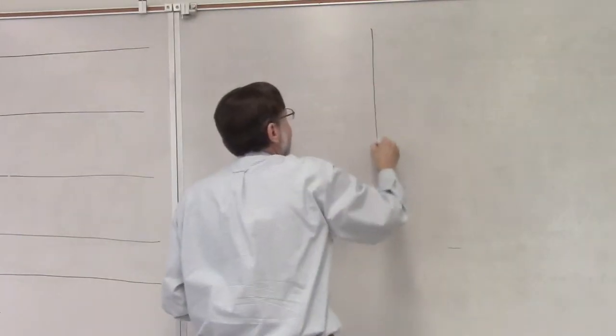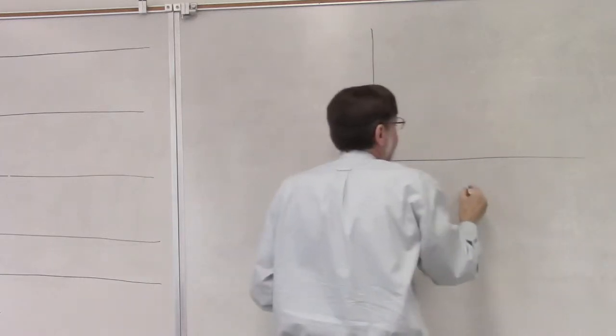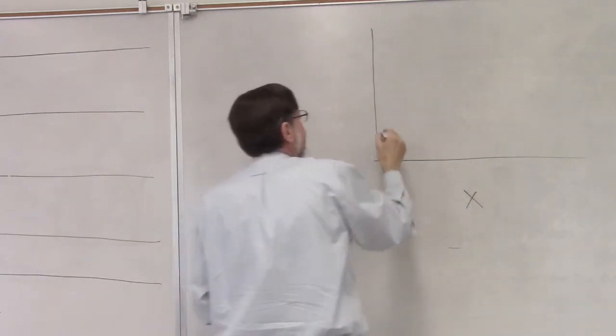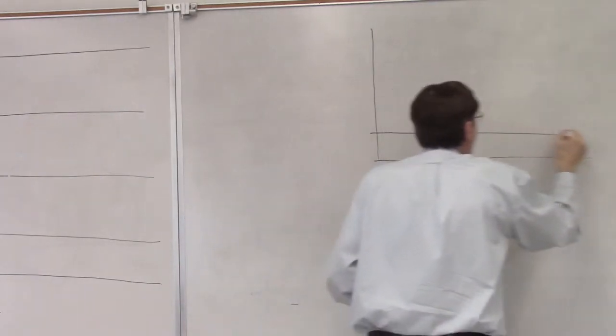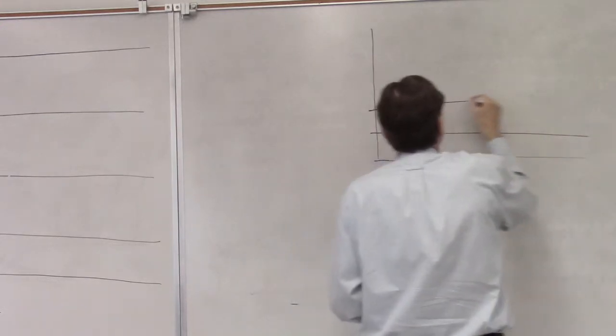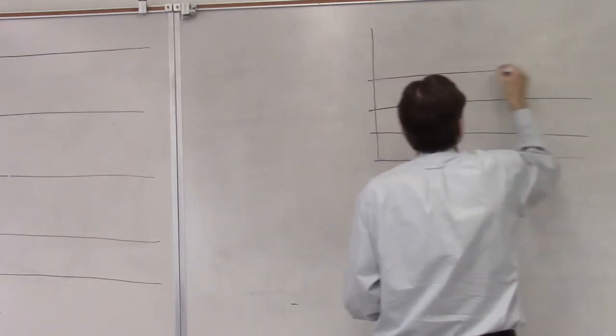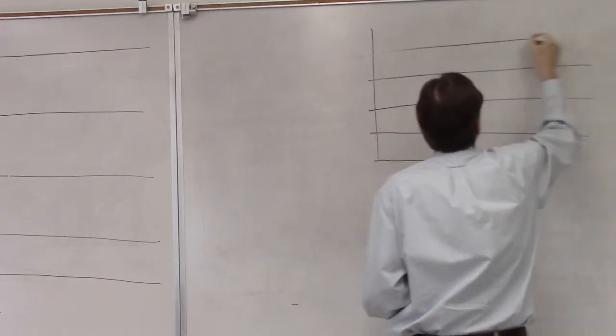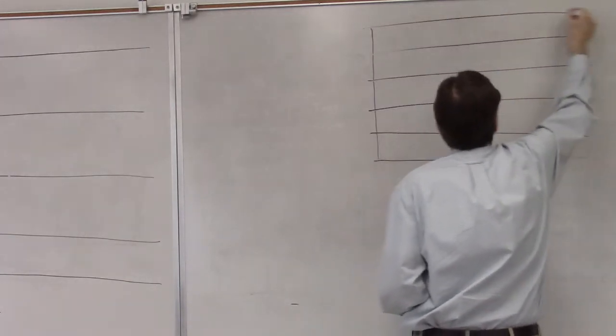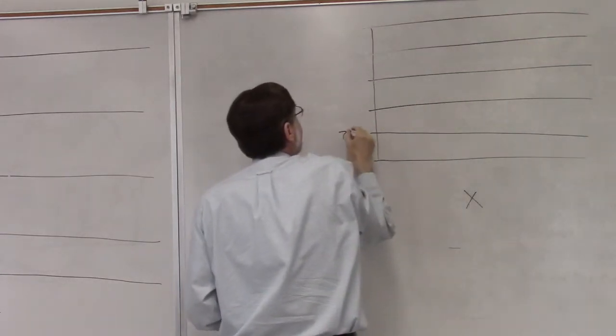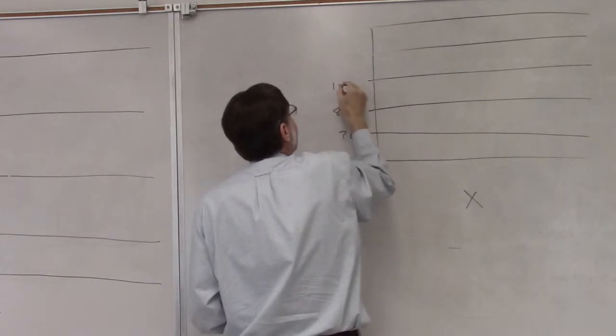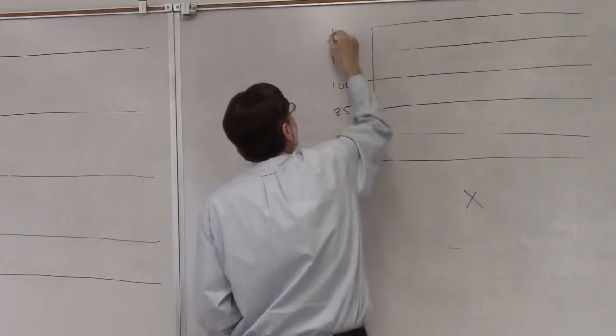So here's how to draw a scatter plot. We're going to put the values of x on the x-axis. We're going to put the values of y on the y-axis. The lines aren't very good, but it helps if you've got graph paper. So 70, 85, 100, 130.